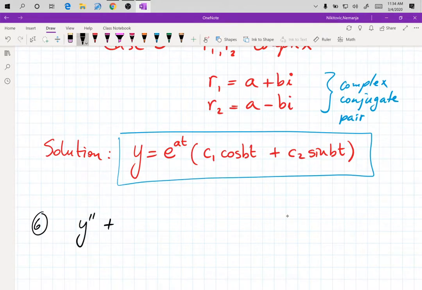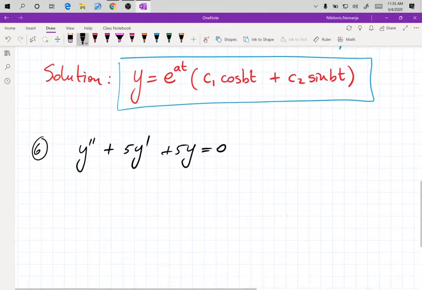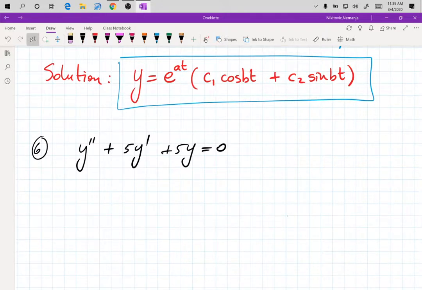Y double prime plus 5y prime plus 5y equals 0. We are going to create the characteristic equation r squared plus 5r plus 5 equals 0.